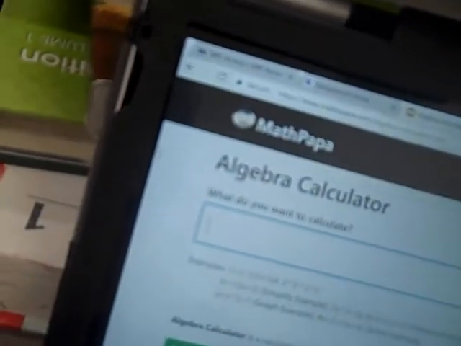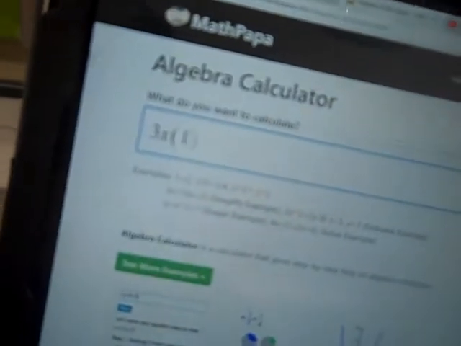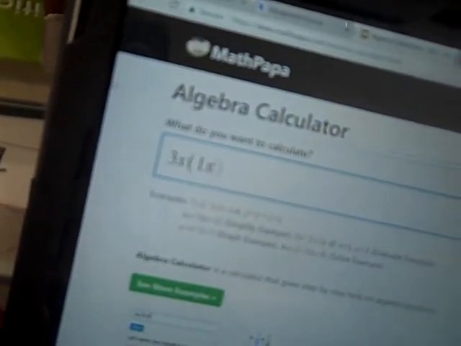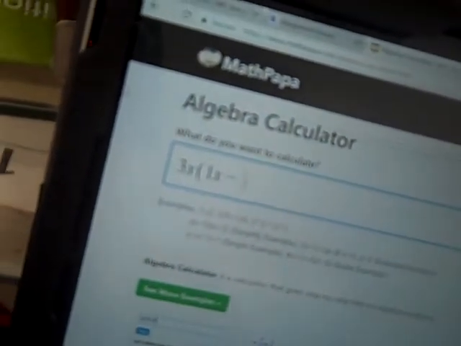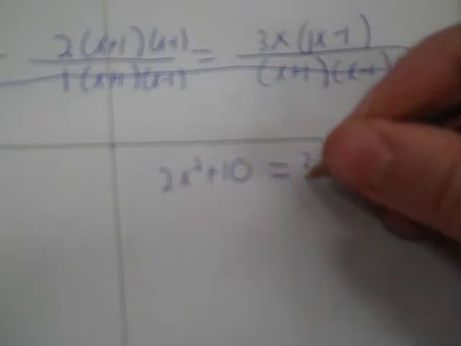Okay, now let's see what the other side says. Okay, it's pretty easy. It's going to be 3x squared minus 3x, but it's just simple distributive property. Or x minus 1. Yep, 3x squared minus 3x.